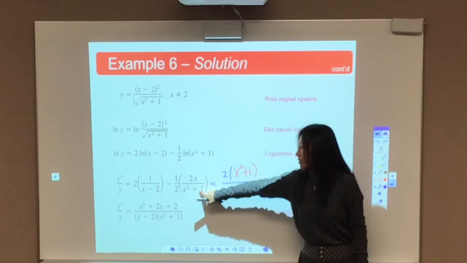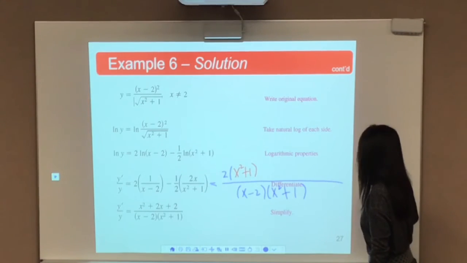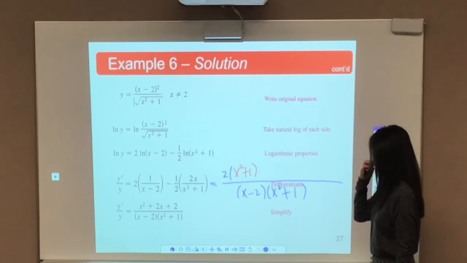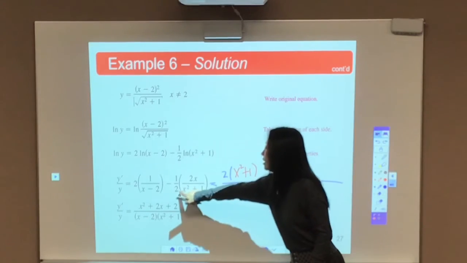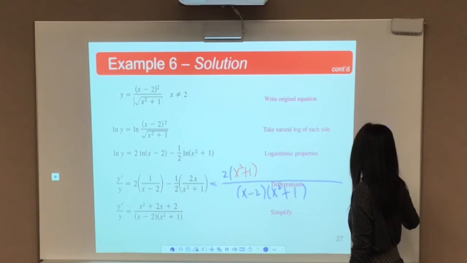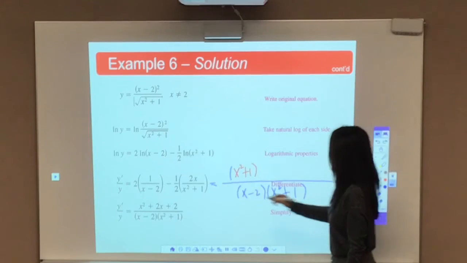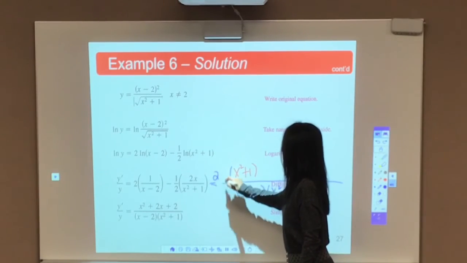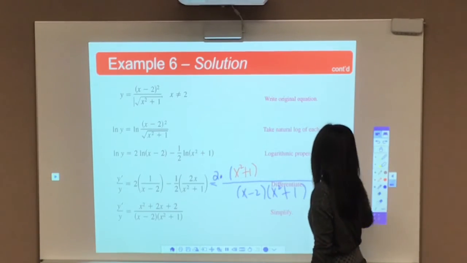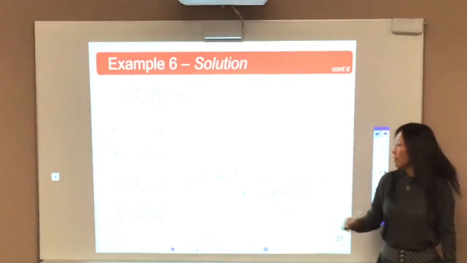This denominator, okay, this denominator has what? 2 of this. So I need to multiply which one also? Okay. I'm multiplying by this.